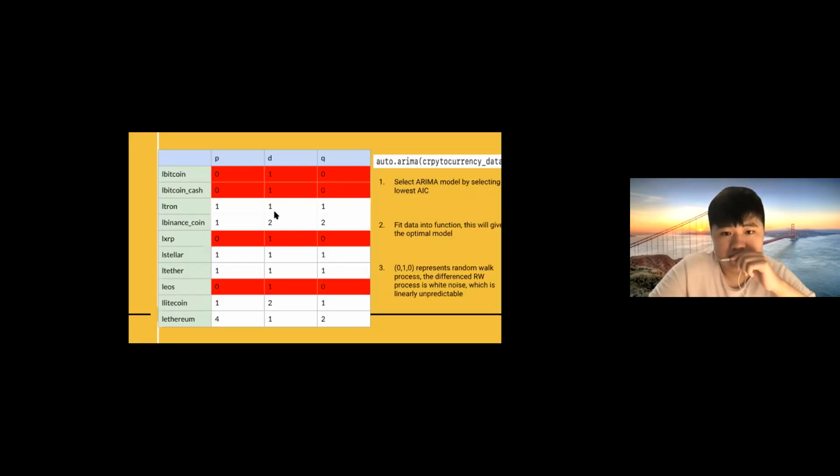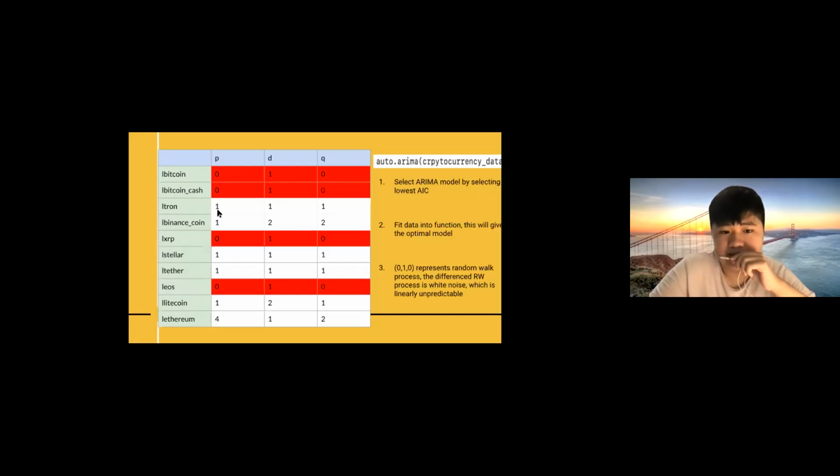It is worth noticing that for Bitcoin, Bitcoin Cash, XRP, and EOS data, the optimal model is p equal to 0, d equal to 1, and q equal to 0, which is a random walk process.